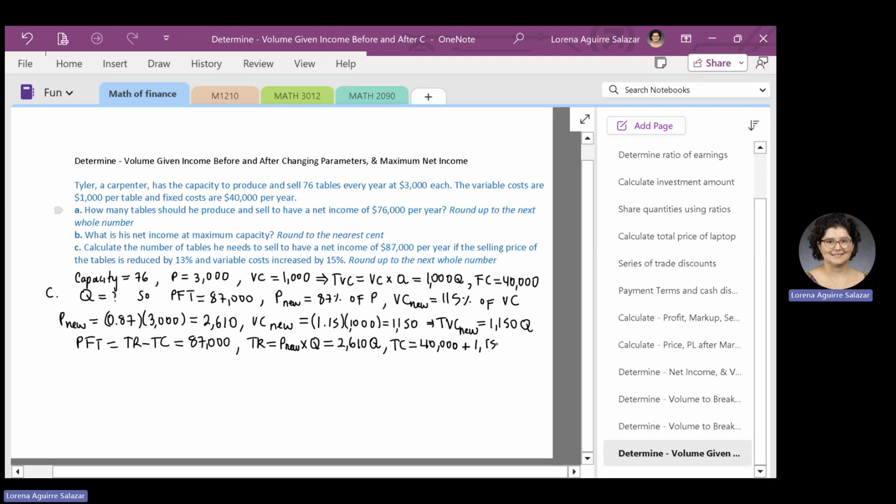So we're saying that we want 87,000 to be equal to 2,610 times Q minus the bracket 40,000 plus 1,150 Q. We're saying that 87,000 should be 2,610 Q minus 40,000 minus 1,150 Q. Notice that the minus affects everybody in the bracket.